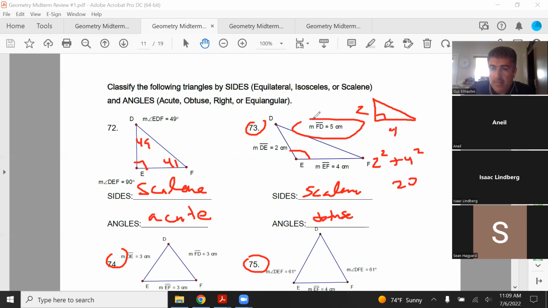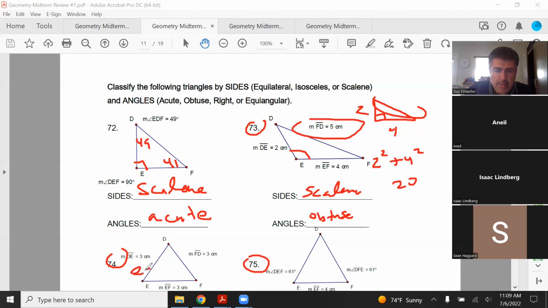Obviously, this is bigger. That would be 5 squared. So we know it's not right. And it's obviously going to have to extend to make this bigger. That's why it's obtuse. But we haven't really talked about it so much, so don't worry about it.